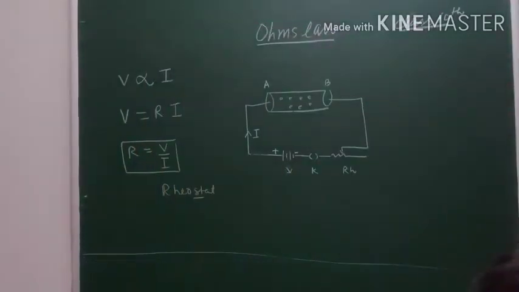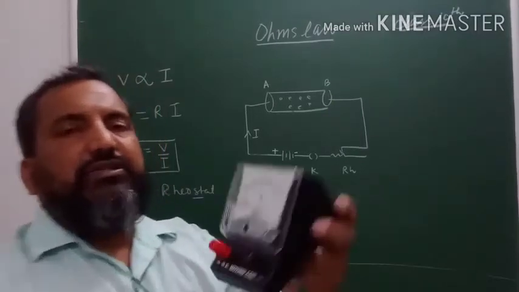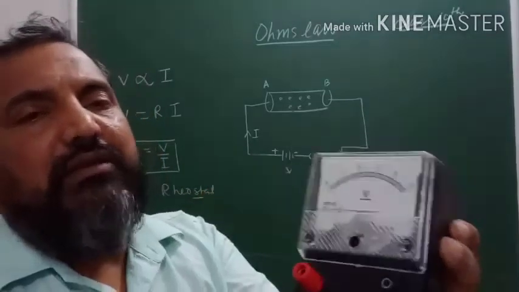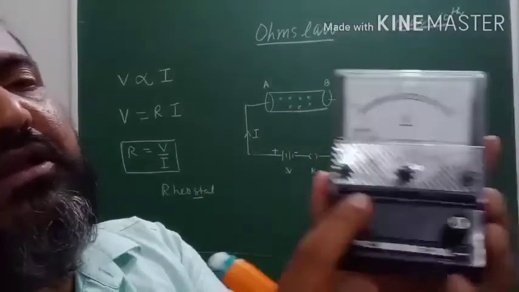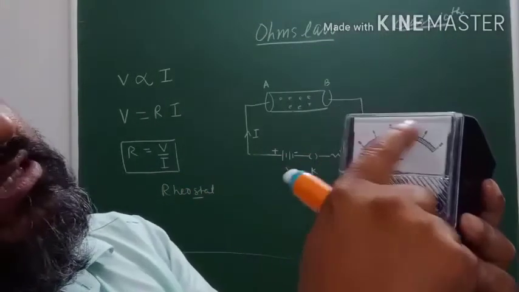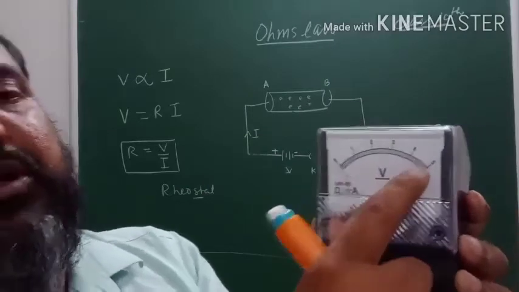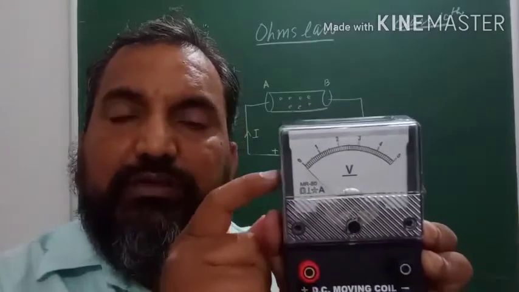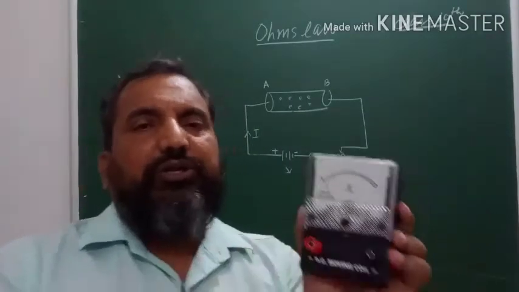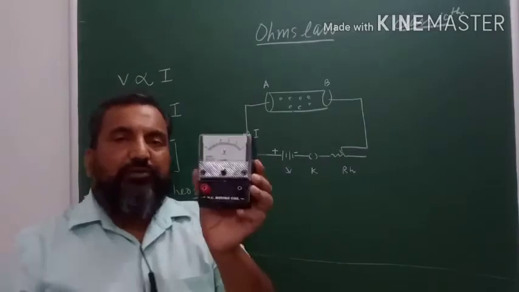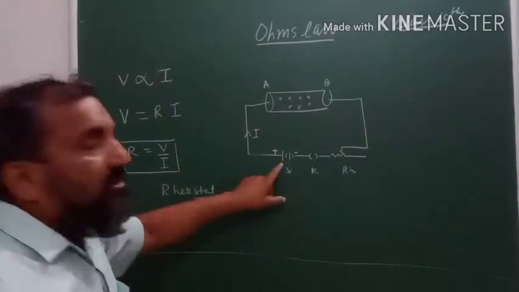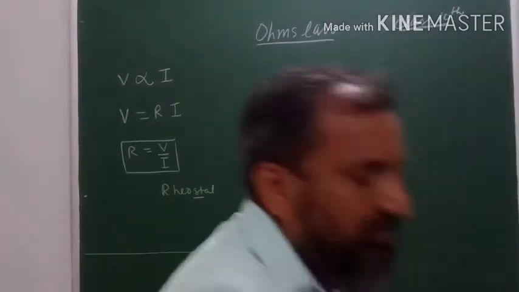In the same way, I have another device used for measuring volts, called a voltmeter. It has two terminals, one positive and another negative, and a scale reading from 0 to 5 volts. This voltmeter measures DC voltage up to 5 volts.